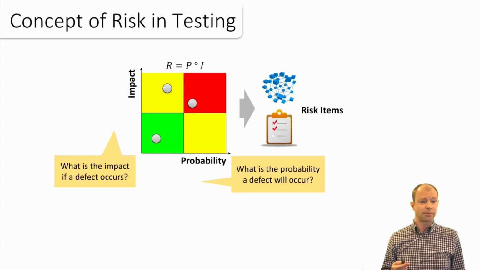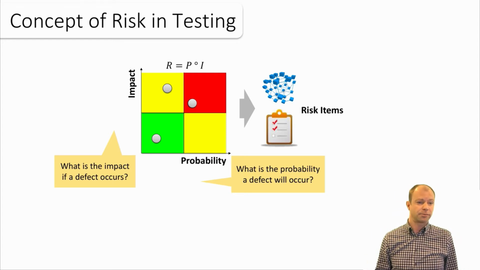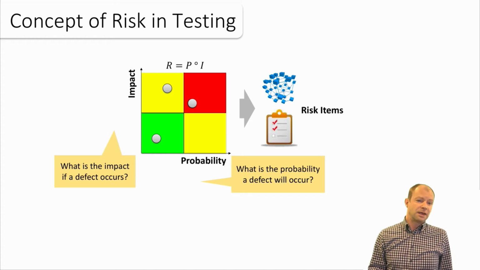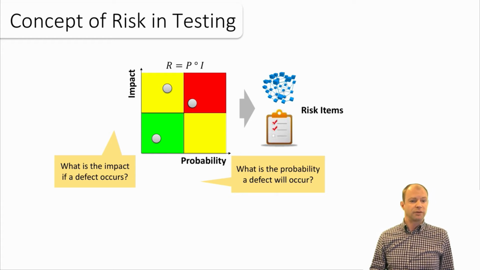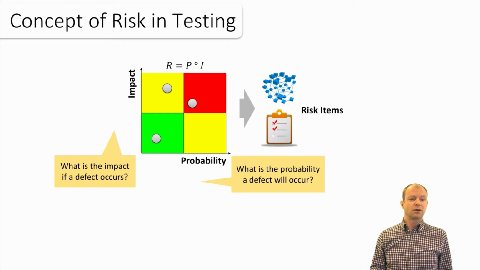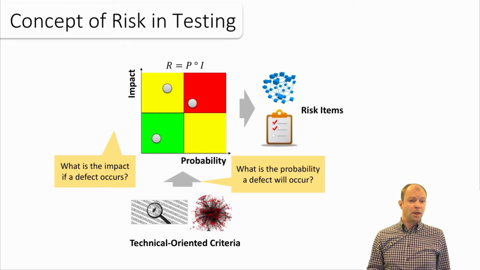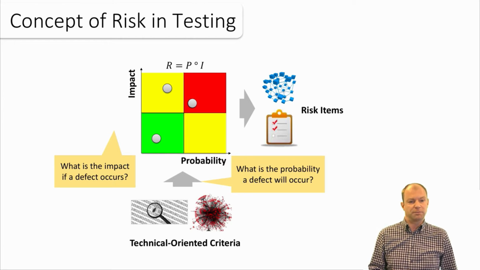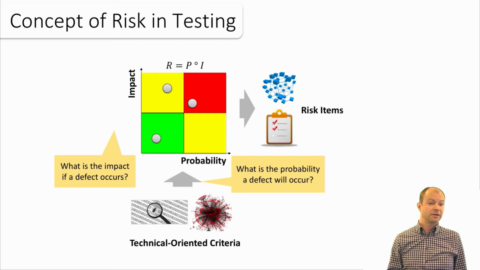In software testing, the probability is typically determined by the probability that a defect assigned to risk occurs, and the impact is determined by the cost or severity of a defect if it causes a failure in operation. The estimation of the risk item's probability typically relies on technical metrics like defects in the past, the change rate, the complexity, or technology maturity or experience, especially in the context of large-scale systems.